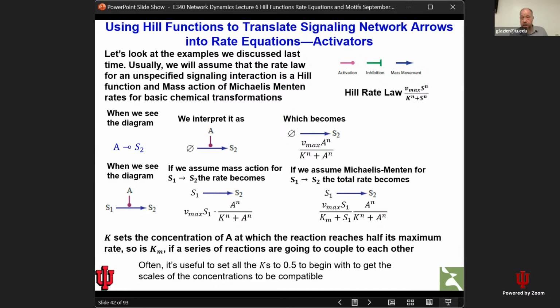If we assume that we have mass action, then the rate of production of S2 is proportional to the amount of S1. Pretty often, we will assume that there is a Michaelis dependence of the rate of production of S2 on S1, in which case our net rate of production will be our Hill function, A to the n over K to the n plus A to the n, for the regulation, times Vmax times S1 over Km plus S1. So we have a product, one of a Hill function and one of a Michaelis function.